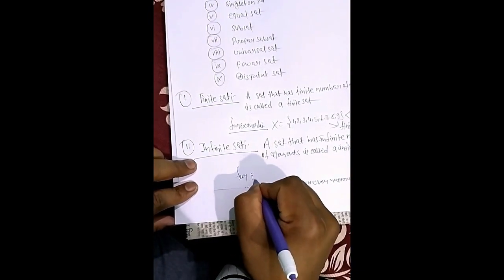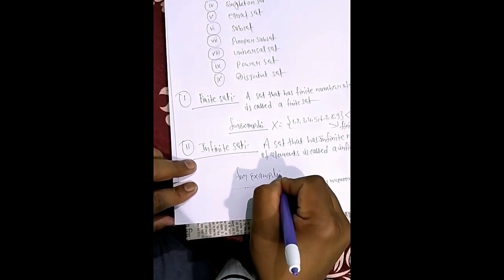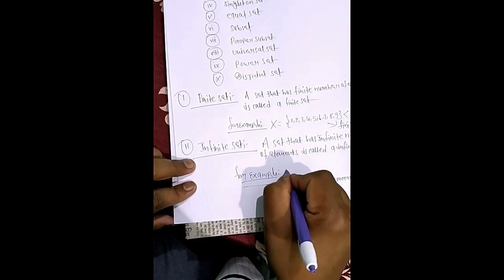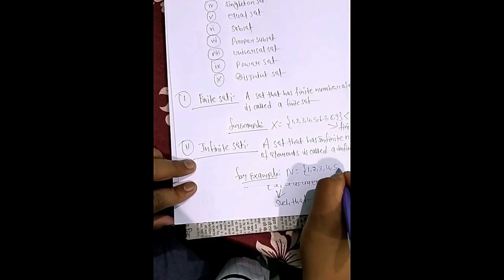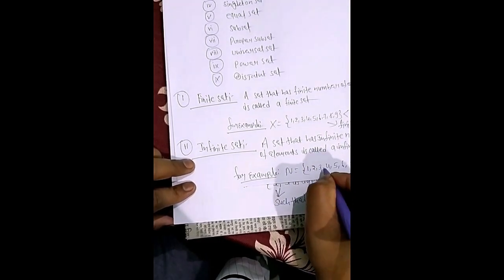For example, suppose that natural number N is equal to 1, 2, 3, 4, 5, 6, 7 and so on. It is also called an infinite set.